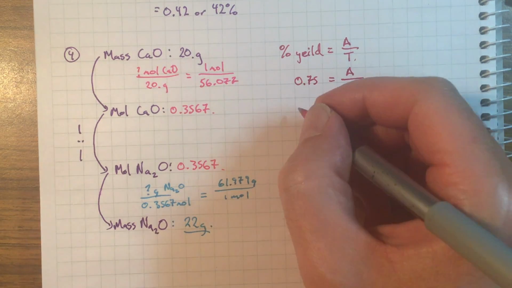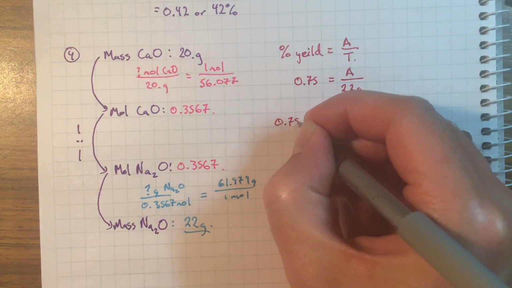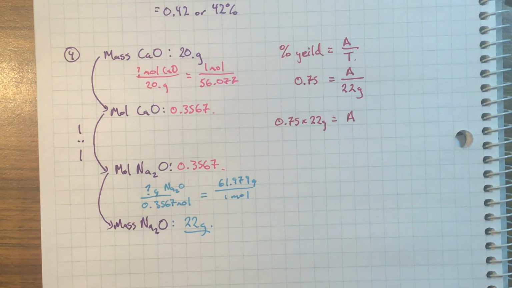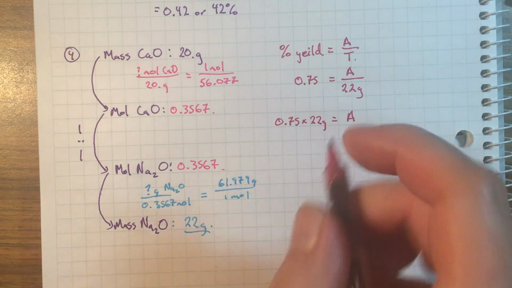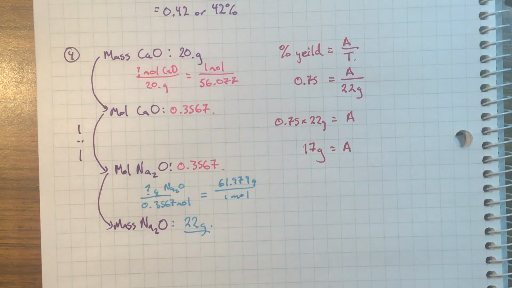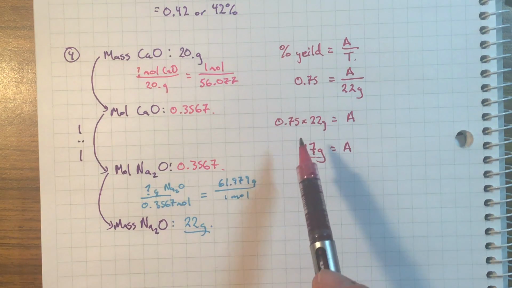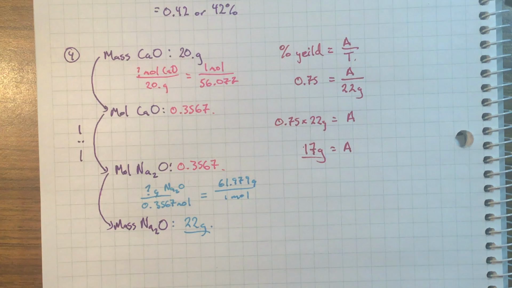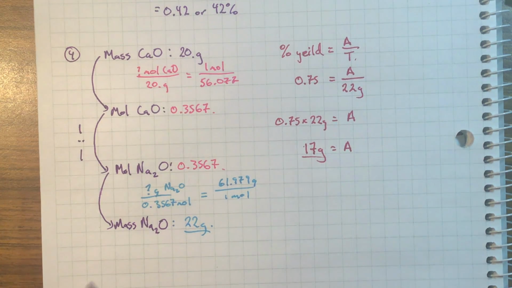So we take our 22, which I've got in full in my calculator, and multiply it by 0.75. That's 16.57, or 17 grams to 2 significant figures. So to get to my 75% yield, we would actually need 17 grams produced out of 22. There you go, that's question 4.